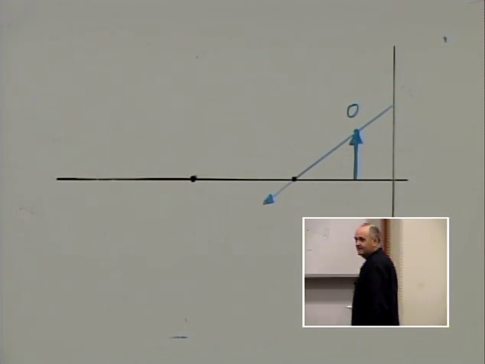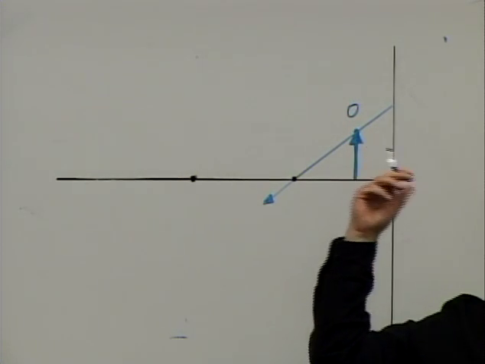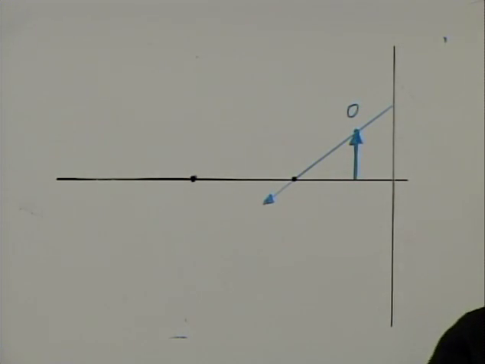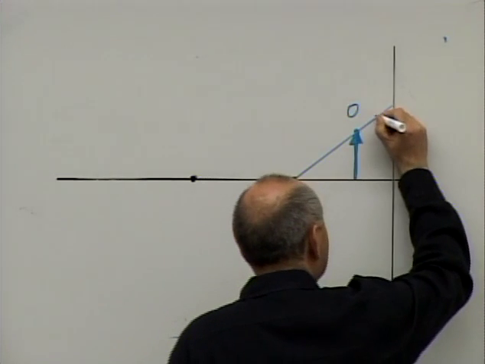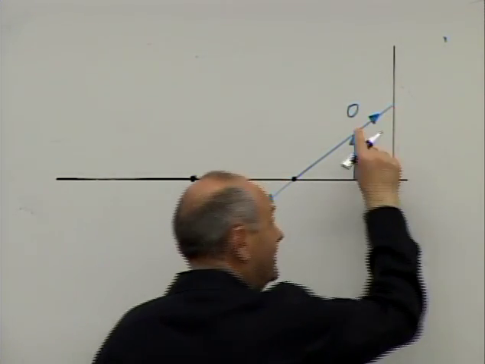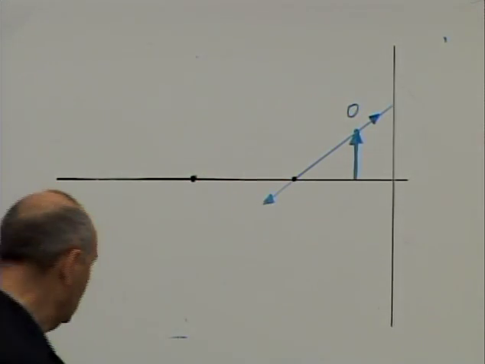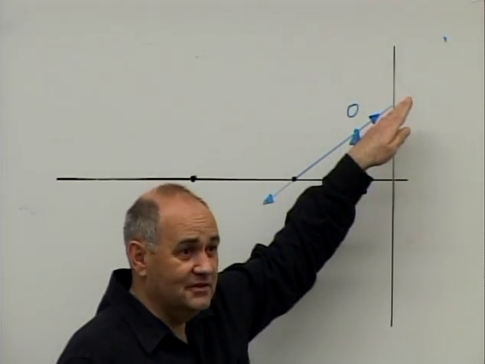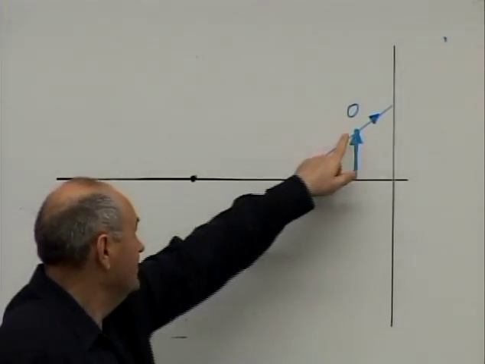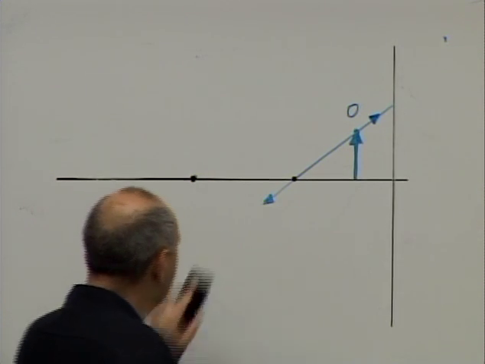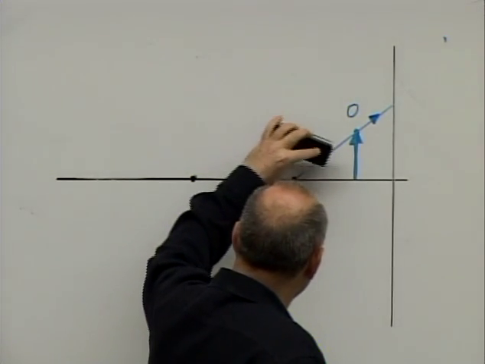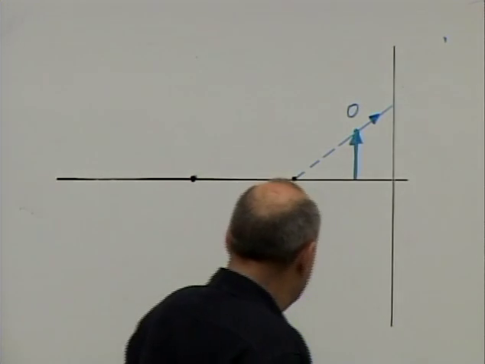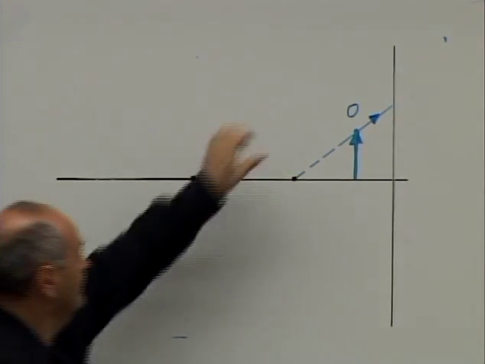However, the point emits light in all directions, so it also sends light in this direction. And this is the one which we have to use. That one is going to interact with the mirror. This light is not going to interact. So how about if I just mark it as an extension?